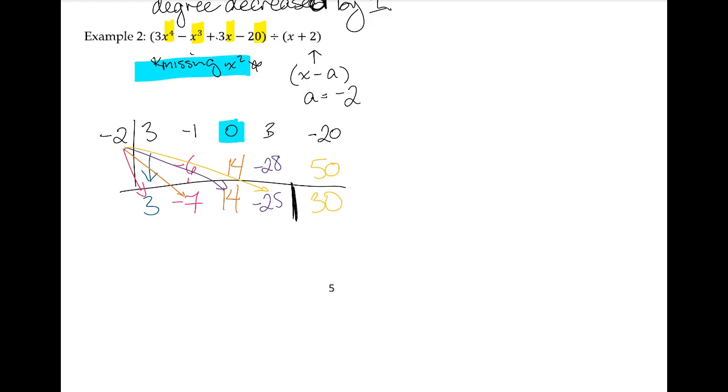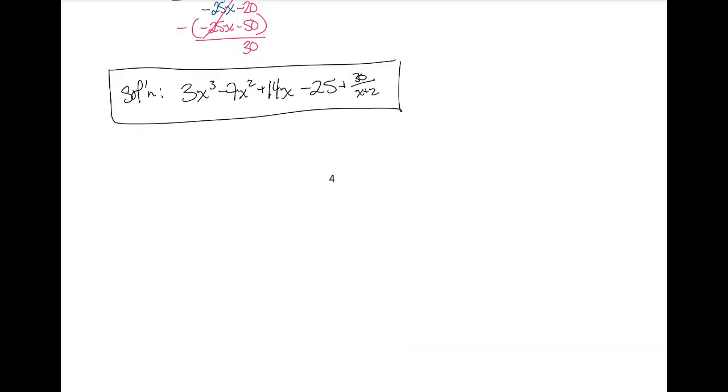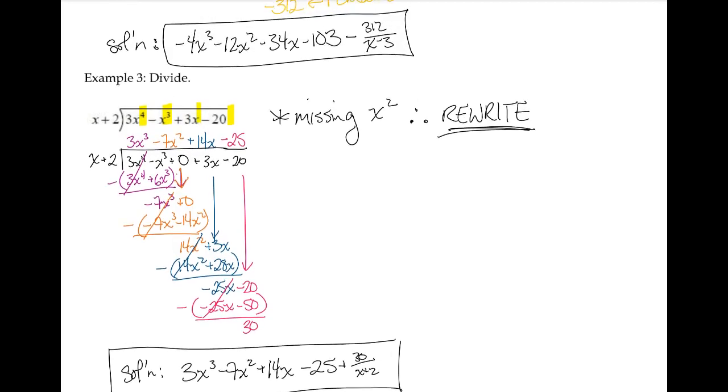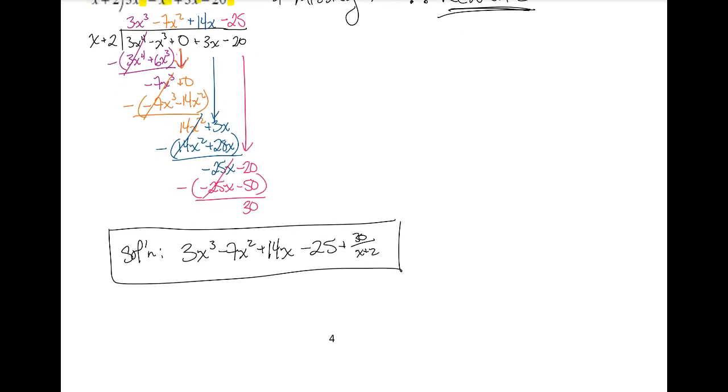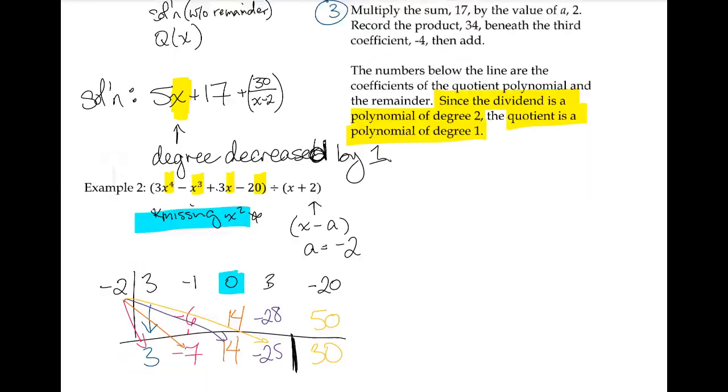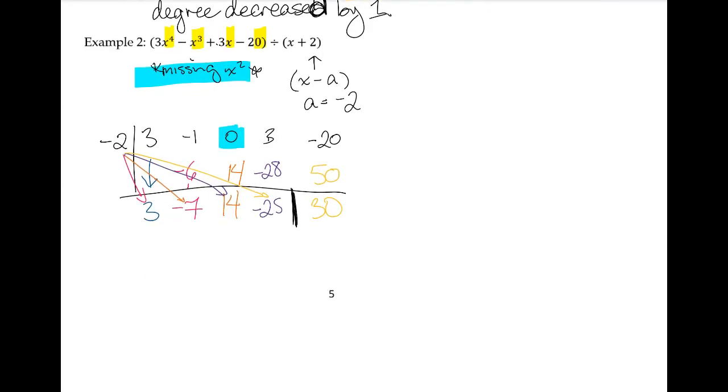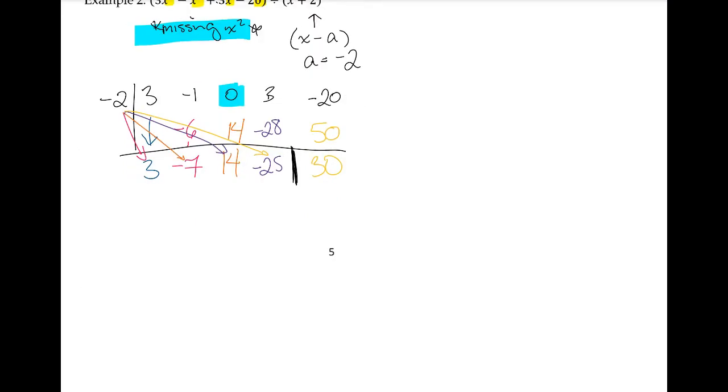You'll notice that this example is, if I'm not mistaken, the same as our example up here. My remainder is 30, and my coefficients here are 3, -7, +14, and -25. The same thing happens here: 3, -7, +14, -25, remainder 30. So both methods work exactly the same. And again, my solution would be this bottom part.